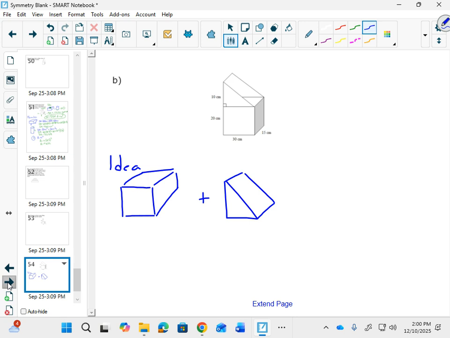And then, if you broke them apart, what wouldn't be painted? The top here would still be green, and the bottom there would still be green. So if you found the whole thing of this and the whole thing of this, then you would have to subtract 2 rectangles. That's one way of doing this.